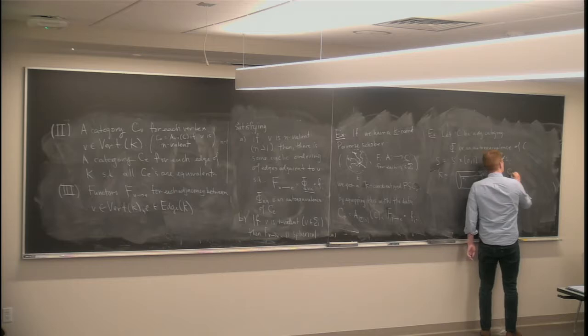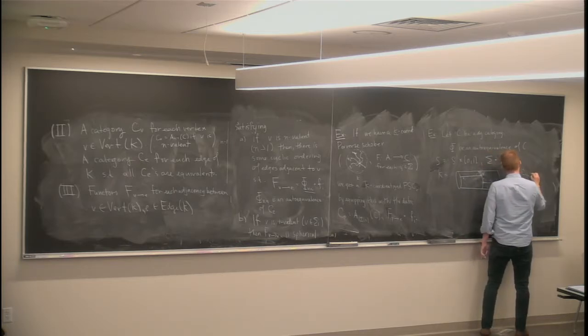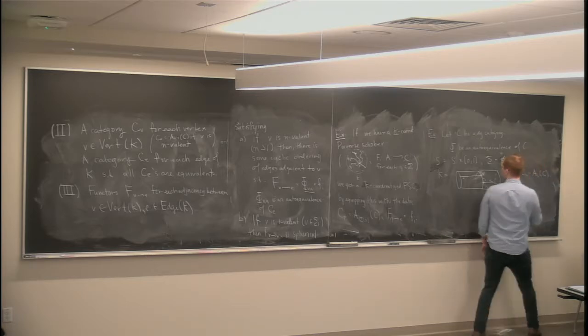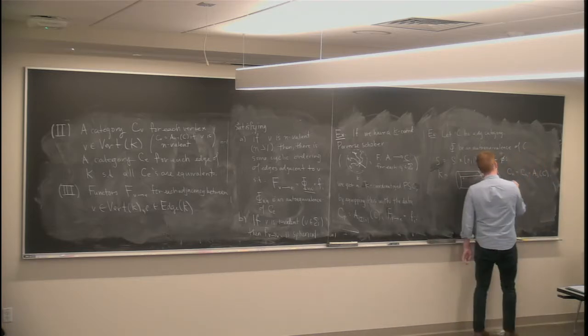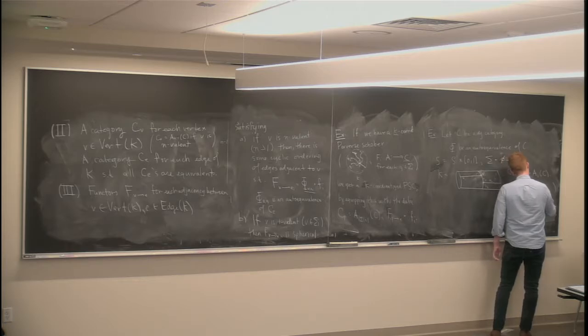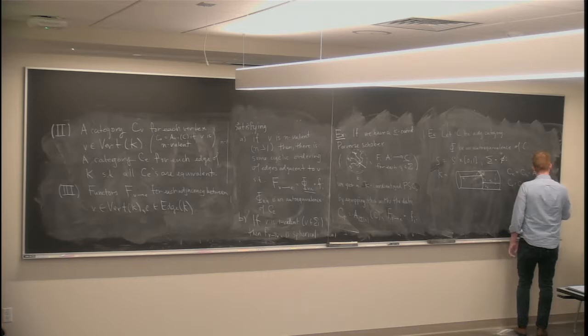So C of V1 is equal to C of V2, and this will be A3 of C. And then C of all the edges, by decree, these are all the same. I'll let them be just the category C, or maybe twisted complexes over C, just to be more consistent.